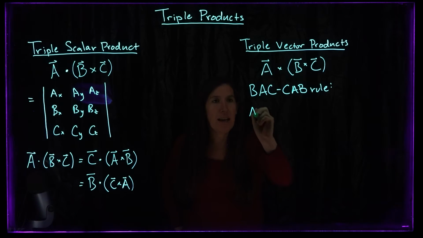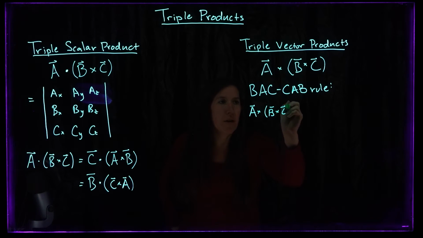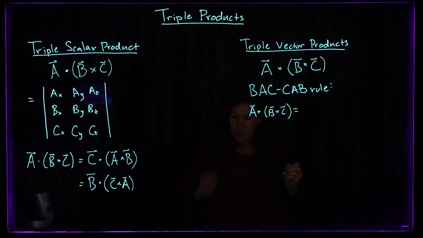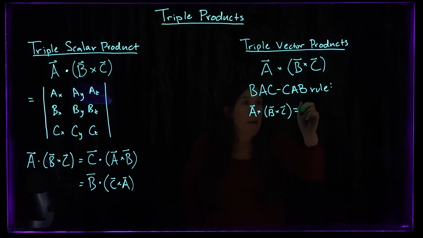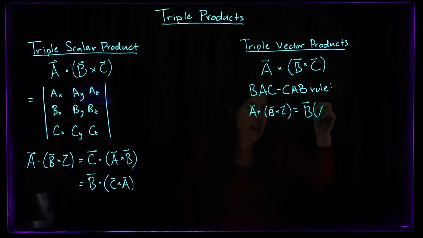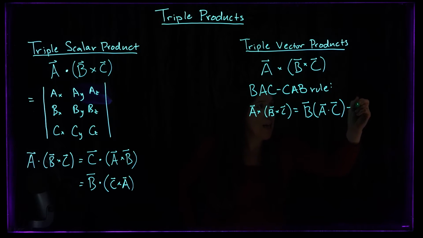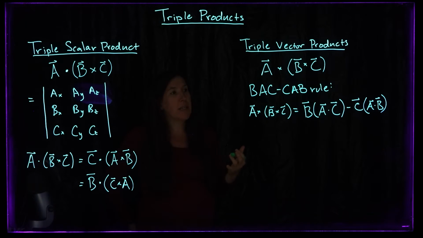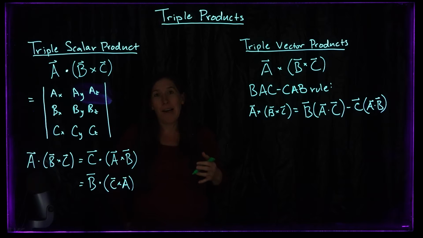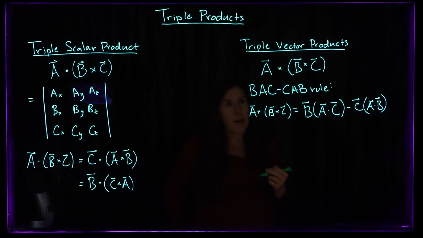It tells us that, again, if we have A cross B cross C in that order, this is equal to B times A dot C. So this is the back part. And then we want to have a minus sign, and then C times A dot B. That's the cab part. So back cab is a way to memorize this identity. And you have that because this identity really is quite useful, and it comes up a lot.